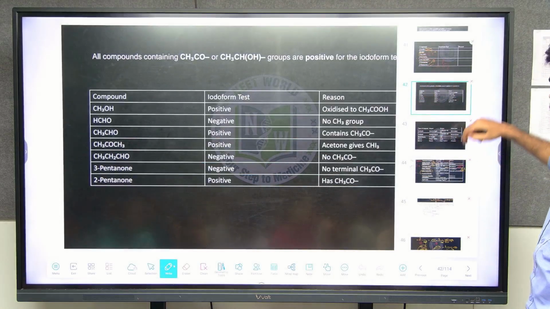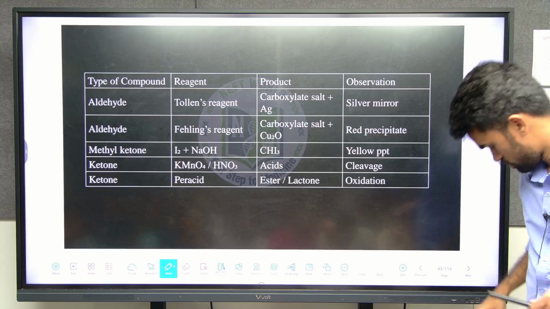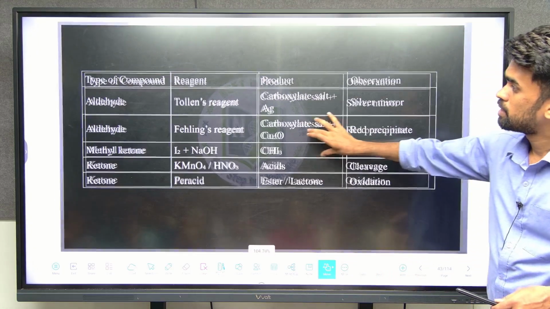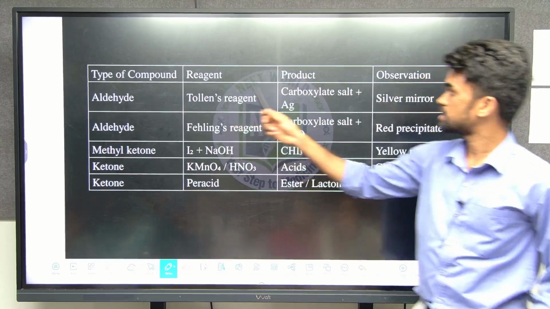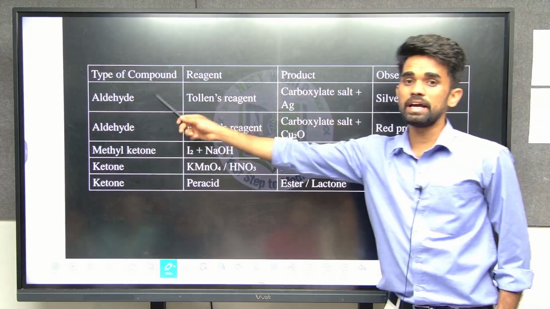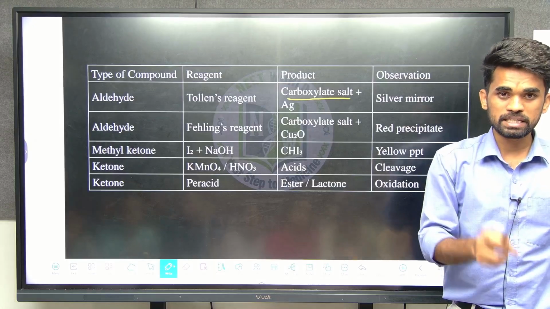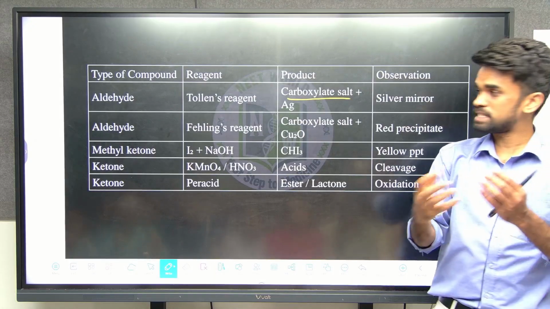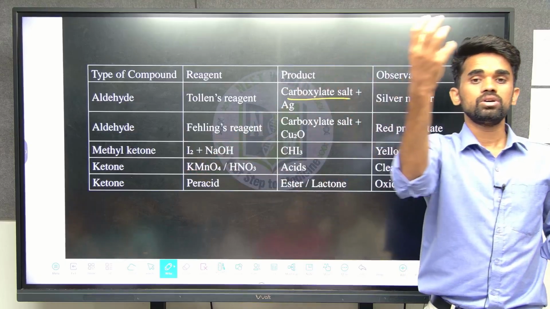These are some explanations for that. Let us conclude this. First of all, aldehyde shows the Tollens test. What is the product formed? That aldehyde converts into carboxylic acid. So during the Tollens test and Fehling's test, what happens to the aldehydes? They convert into carboxylic acid.